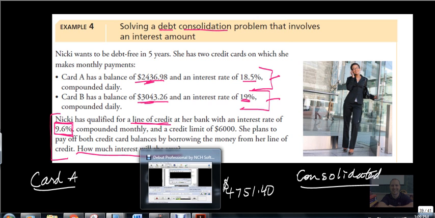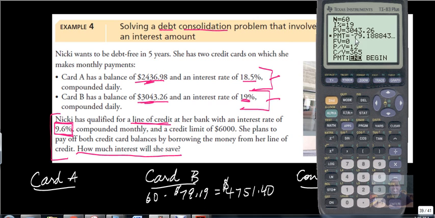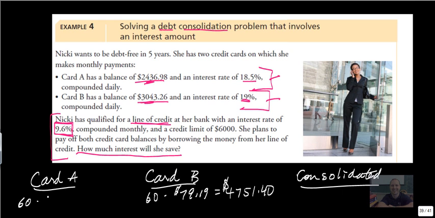Over here, card A. Okay, what did we figure out for card A? It was 60 payments of, what was this number for card A? We figured that one out already. It was 62 something. 60 times 62.73. Okay, so that is 3763.8.